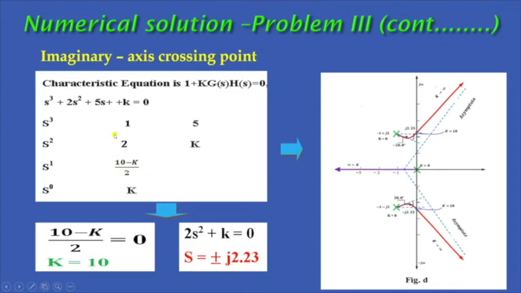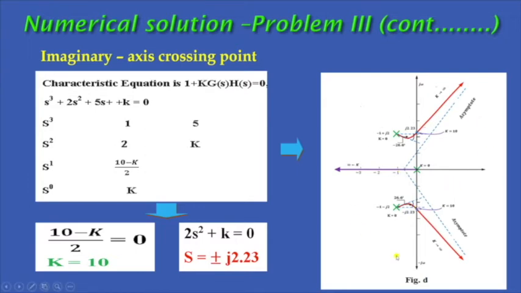Then taking the auxiliary equation, that means 2s squared plus k, calculate s from this auxiliary equation. s equals plus or minus j2.23. So at that point, k equals 10 and s equals plus j2.23 and minus j2.23.